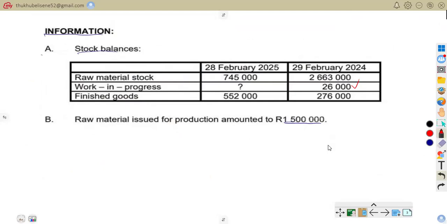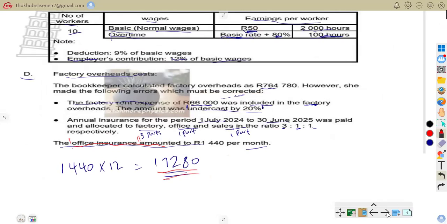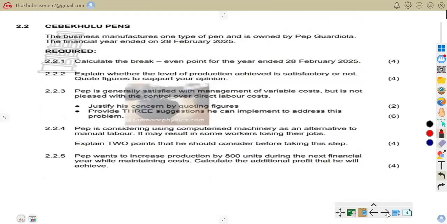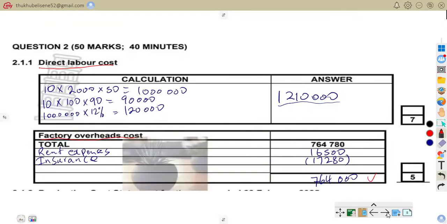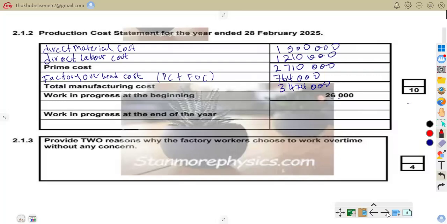So now let us go to our answer and find what is expected of us to calculate. So we have 26,000 as our work in progress.